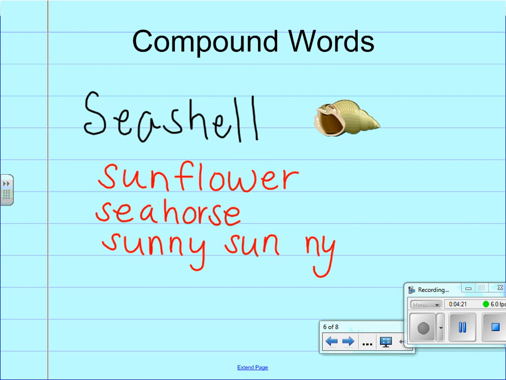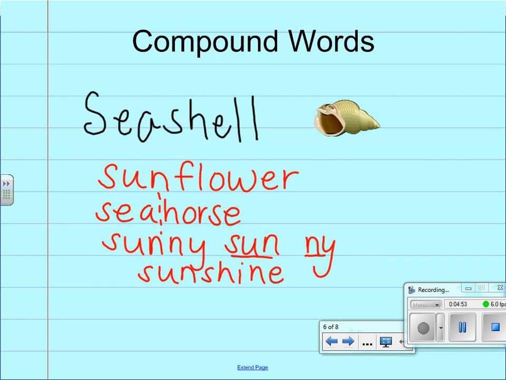Remember, if you're ever wondering, you can always divide the word in half to make sure that each separate word has its own meaning. And I'm sorry, sweetheart, but sunny is not a compound word. While sun is a word, knee is not a word by itself. Maybe if you did sunshine, would that be a compound word? Great, Brandy, you're right. That is a compound word.